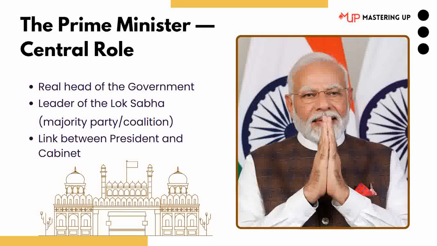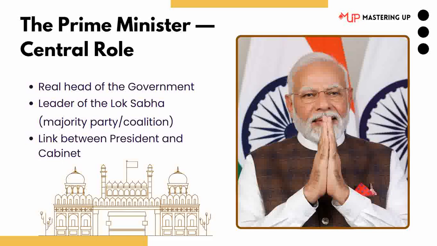The Prime Minister sets the agenda, leads cabinet meetings and represents the government domestically and internationally. All executive decisions go through the Prime Minister. Narendra Modi is the present Prime Minister of India.